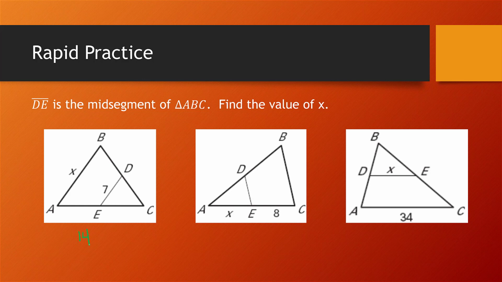The middle one isn't even talking about our midsegment. In this middle example, we need to remember that midsegments connect midpoints, and midpoints mean that they're exactly in the middle. So if 8 is on the right, and E is exactly in the middle, that means 8 will also be on the left.